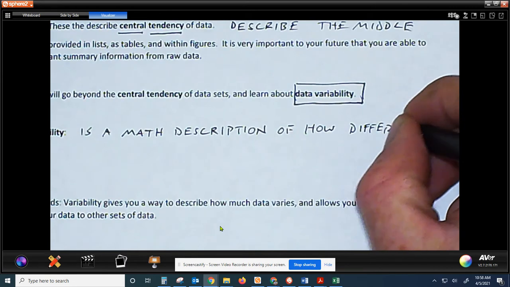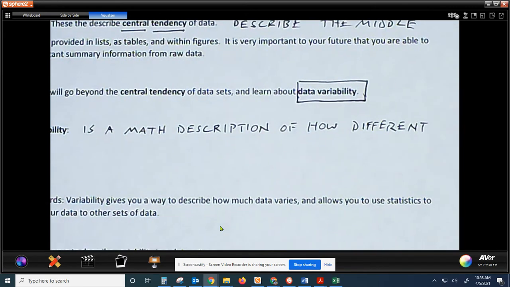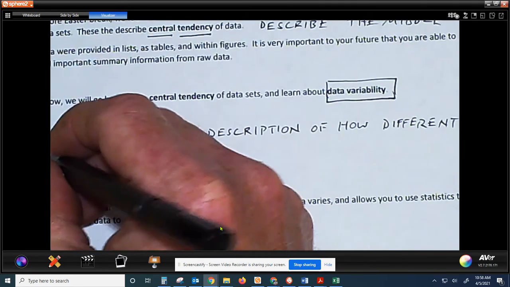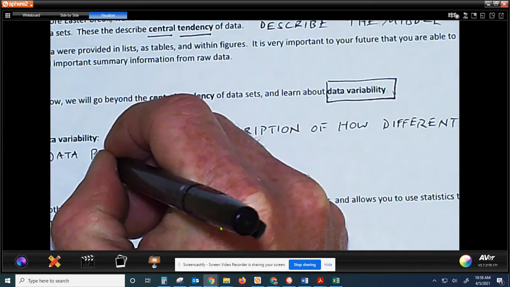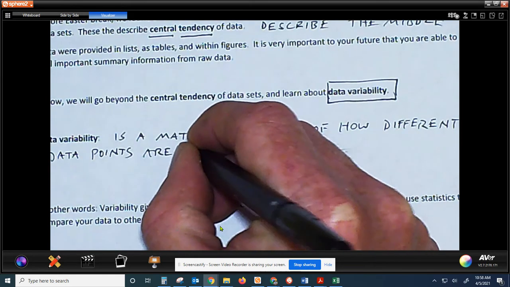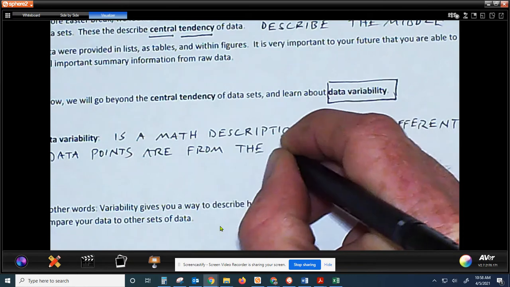So I'll stay zoomed in so people at home can see it, and then I will zoom out at the end. It's a math description of how different the data points are from the center of the data.